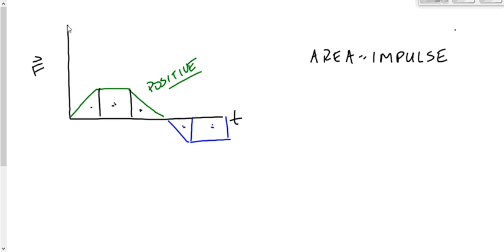But this one's positive, so this one's going to be a negative value. It's negative because it's below the x-axis. Now, add them all up. If the total area is positive, then you've got a gain of momentum. If the total area is negative, then you've got a loss of momentum.